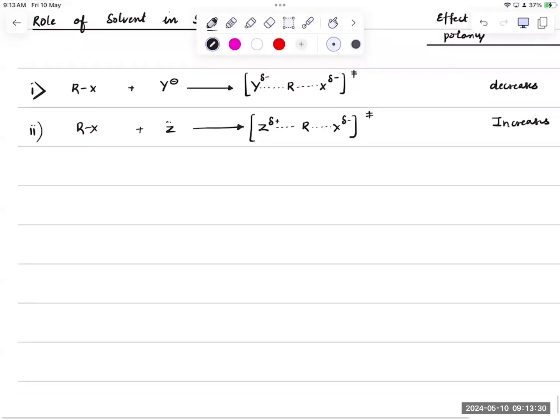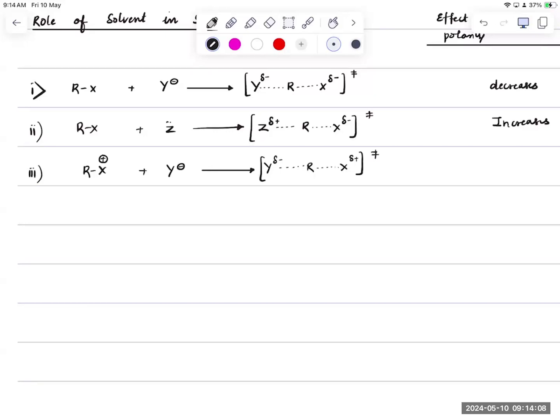Next, third case: if you have R, some kind of X plus, so instead the leaving group is neutral, now the leaving group has some charge. I'm taking the nucleophile as Y minus. In that case, we will have Y minus trying to attack R, and at the same time R is trying to depart from X with some positive charge here.